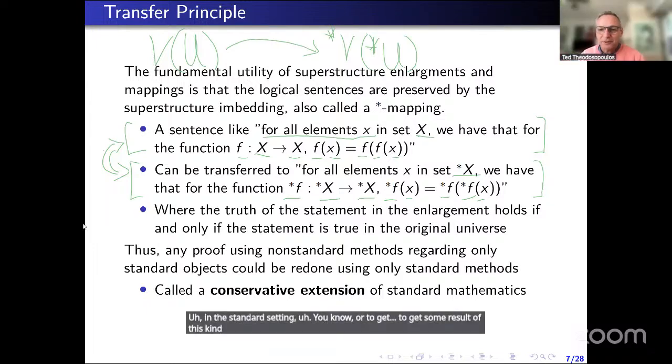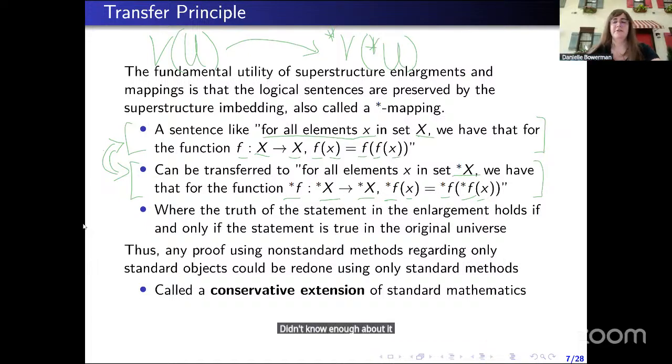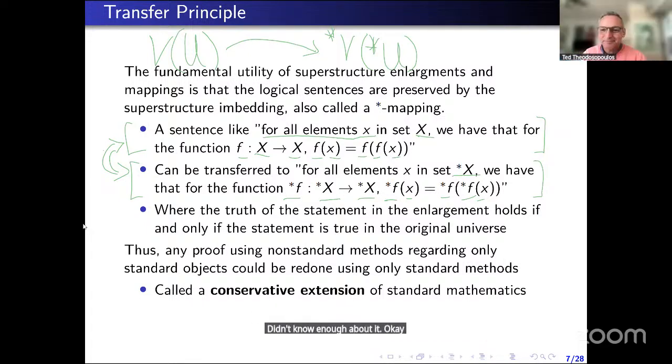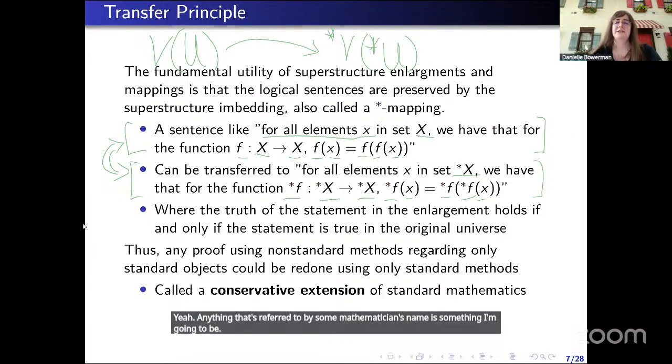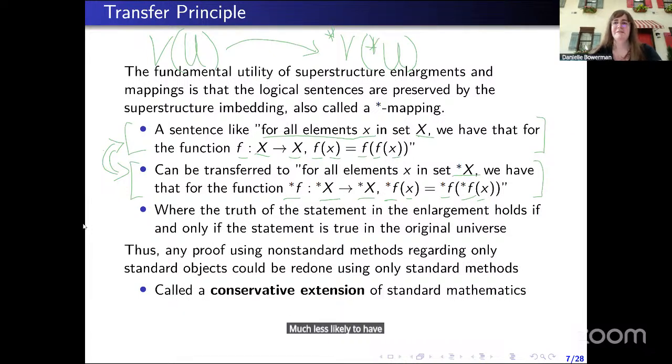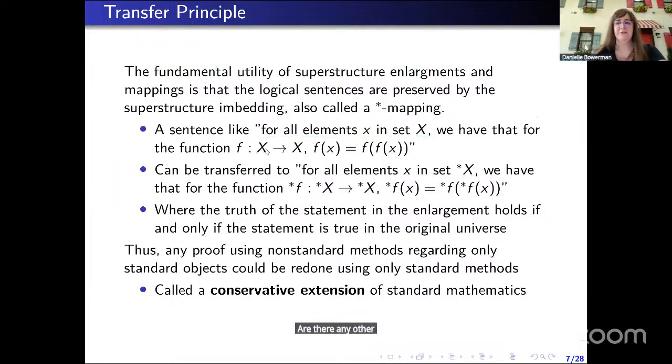This is where my mind goes. It might be wrong. I have not looked into that. Okay. It's a curious thing for me. Anyway, thank you. Anything that's referred to by some mathematician's name is something I'm going to be much less likely to know off the top of my head. Sorry. Not good with names. Are there any other questions or comments, I guess? Okay.